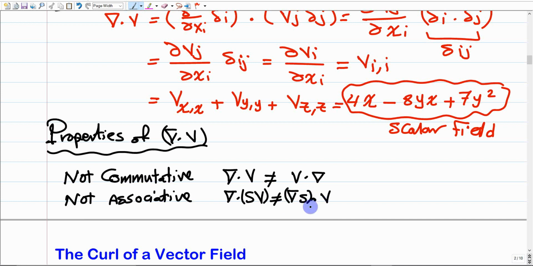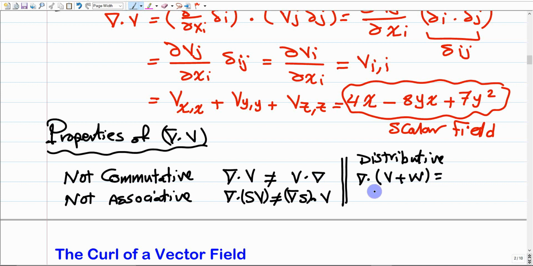Both are not equivalent. But it is distributive. What does distributive mean? It means that if you have, for example, nabla dot of V vector plus W vector, where V and W are two vectors, it is fine to distribute over the vectors.